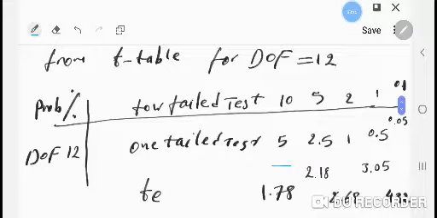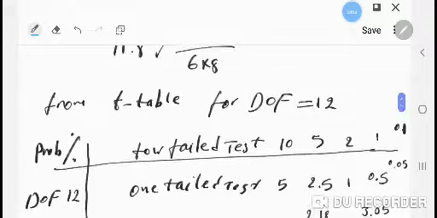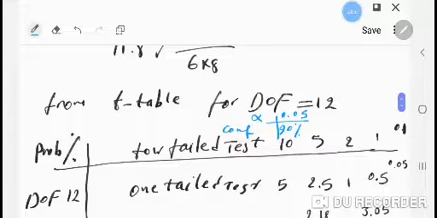Alpha for this is the confidence level, and alpha is 0.05 in this column.